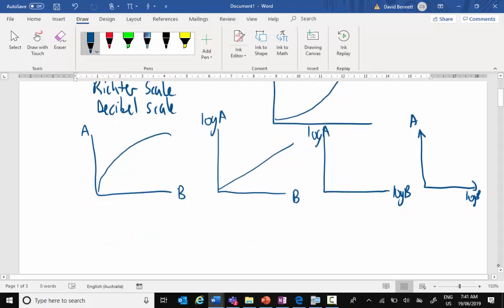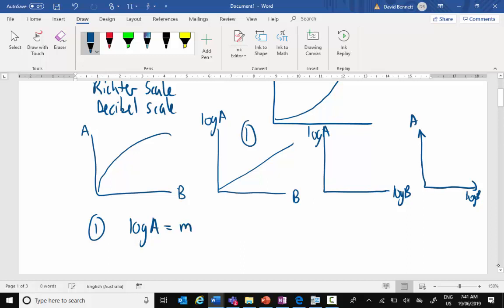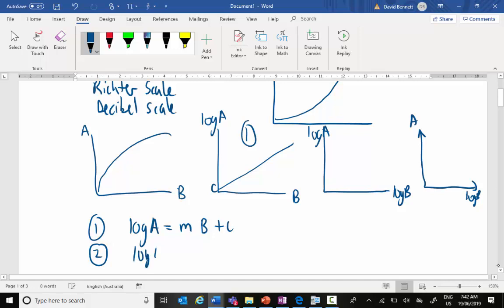So for the first one, the relationship is going to be log of A equals the slope of the line times B, plus where it cuts here, which might be C. If I looked at number 2, then I could go log of A equals M log B plus C, if the graph cuts again at C.